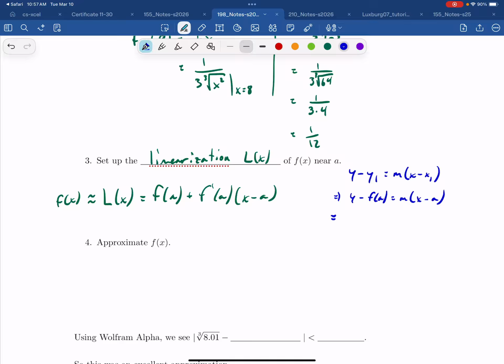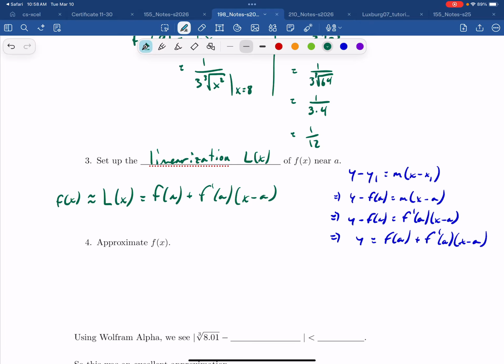And remember further that when this is the tangent line, the slope of the tangent line by definition is f prime of a. And then if we just solve for y, we get the linearization. So that's how we're coming up with this linearization function.